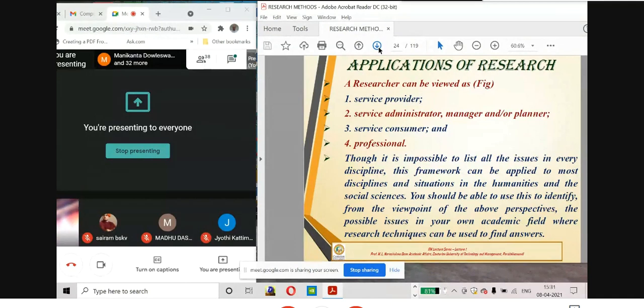Now, though it is impossible to list all the issues in every discipline, this framework can be applied to most disciplines and situations in the humanities and social sciences. You should be able to use this to identify, from the viewpoint of the above perspectives, the possible issues in your own academic field where the research techniques can be used.